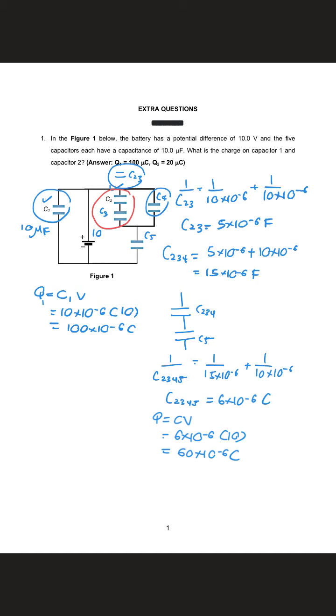We know that C5 and C234 are in series, which means the charge will be the same for both C234 and C5.